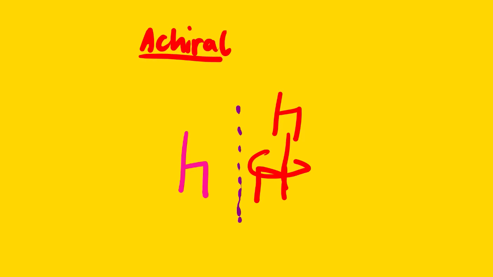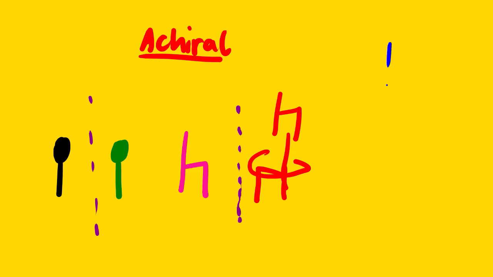If we take a teaspoon, let's say for example, we put it here, you can clearly see that the mirror image will definitely be the same. So there's no chirality here. This is achiral.